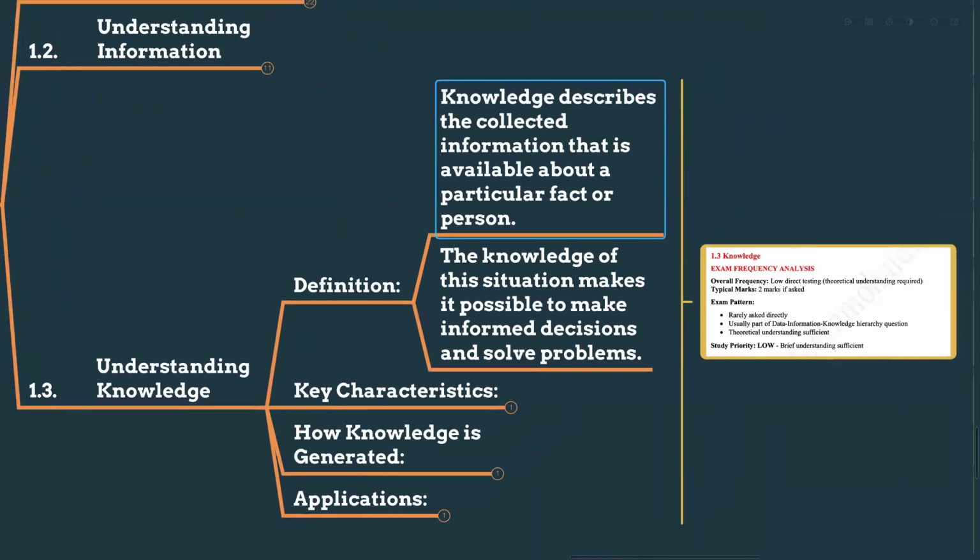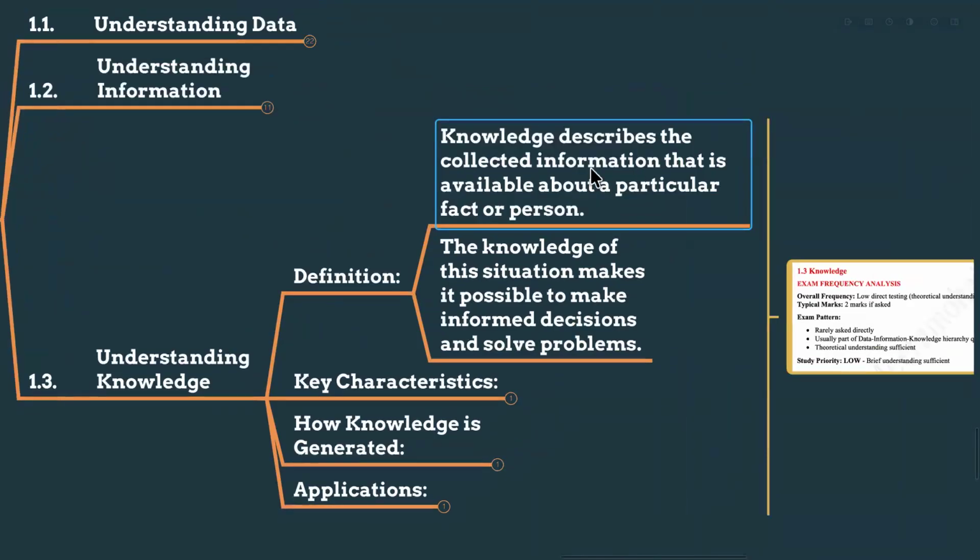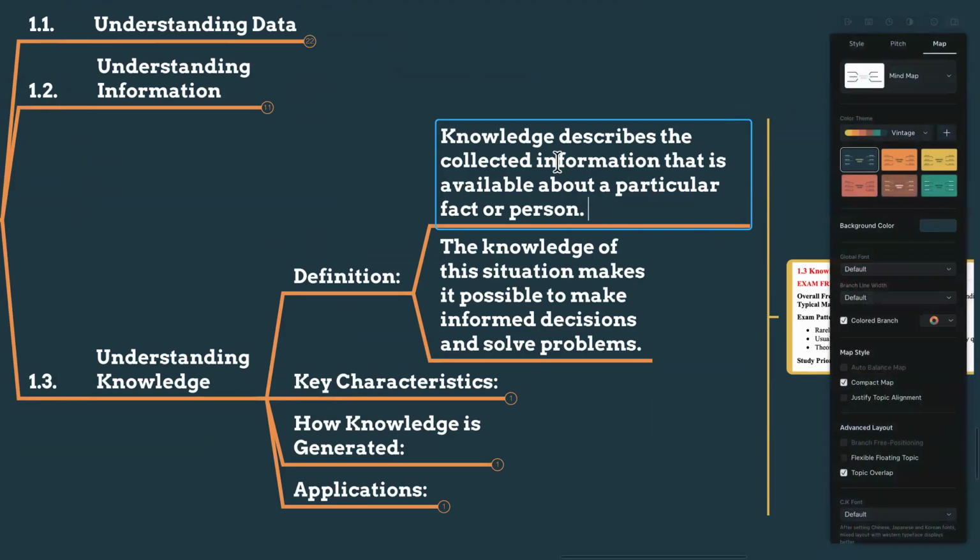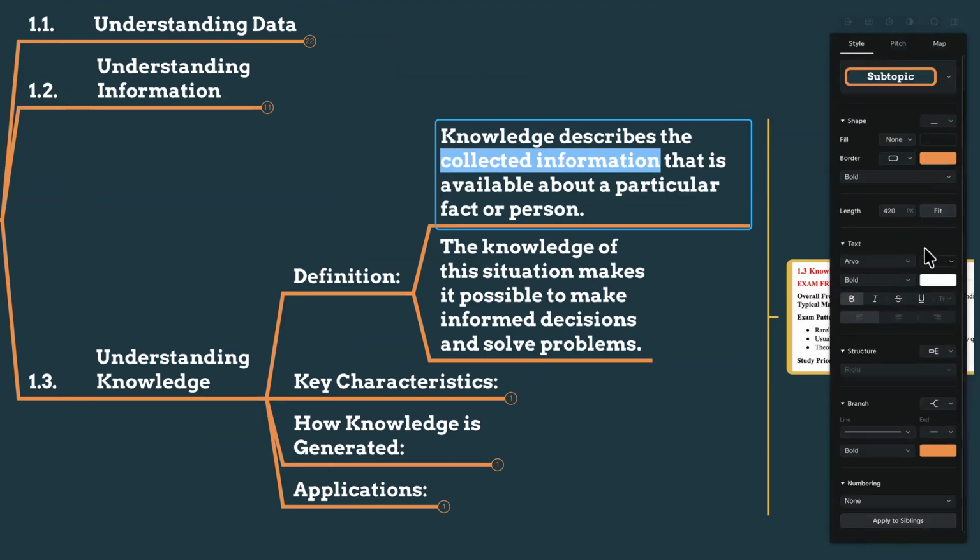So let's see the definition here. Knowledge describes the collected information that is available about a particular fact or person. The important words here are collected information that is available about a particular fact or person.